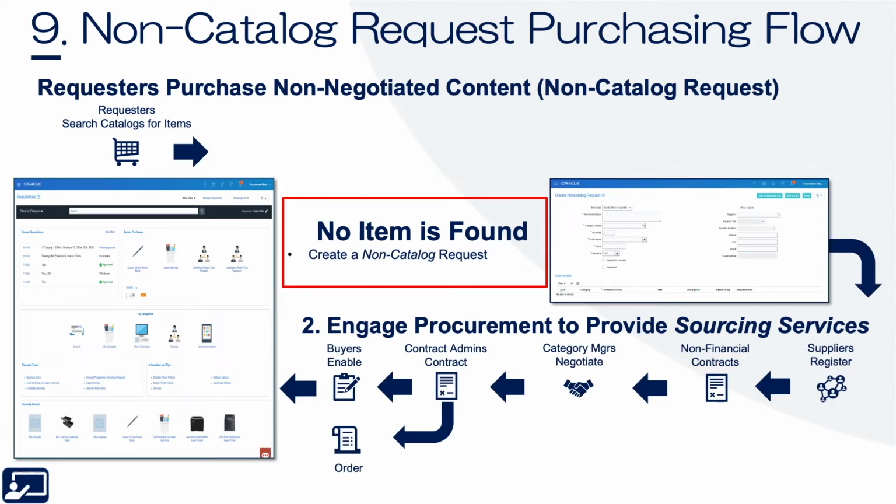Procurement may do any of the following: register suppliers, create non-financial contracts. So remember, this could be a pre-purchase contract like a master of services. Could also be a joint venture, could be a non-disclosure. We may do some level of sourcing or negotiation. Then we have another purchase contract, and we may enable content or create a PO.